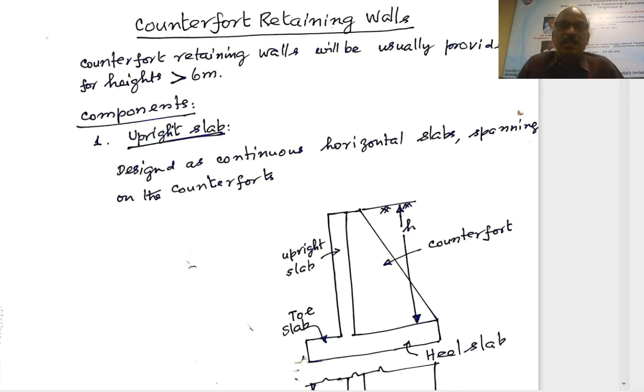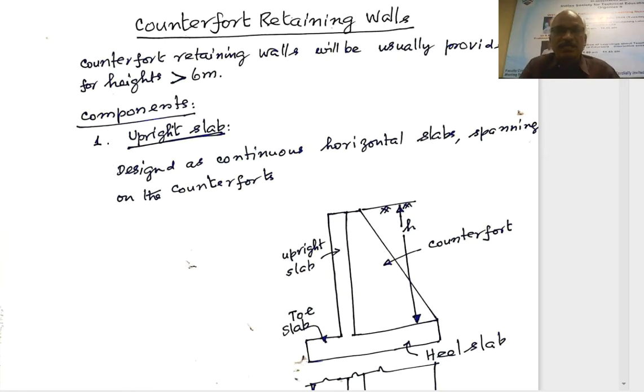So in the last two lectures we have introduced retaining walls, and in lecture number 151 we have discussed the different components and the behavior of that retaining wall, where tension occurs, where we have to provide main reinforcement, and also in what direction we have to provide the main reinforcement, and the different stability checks.